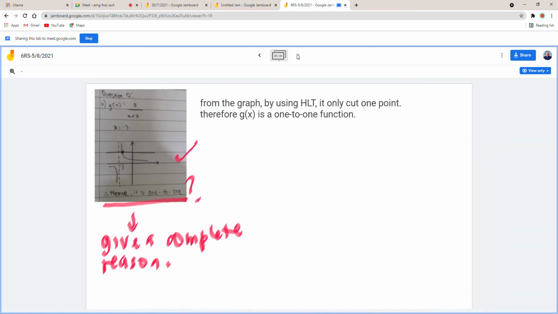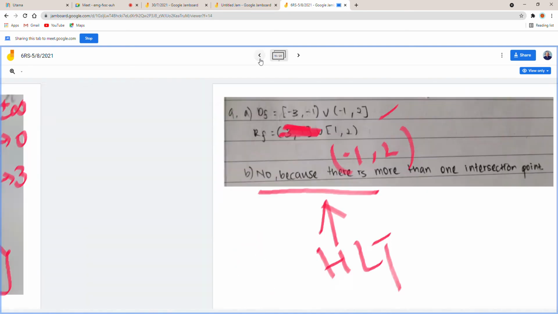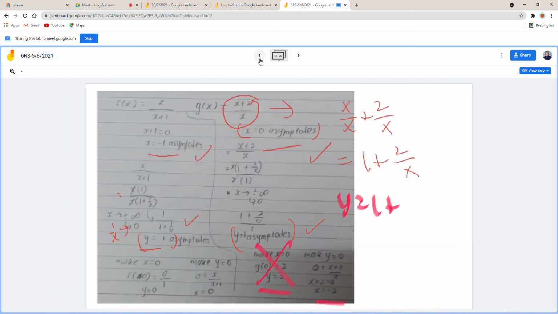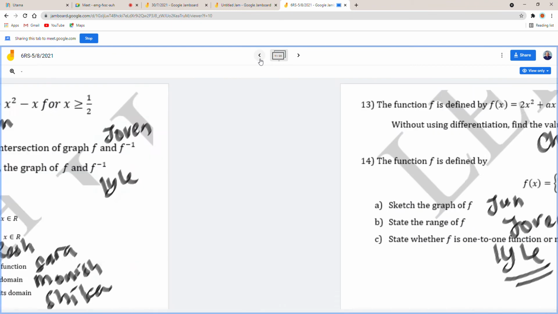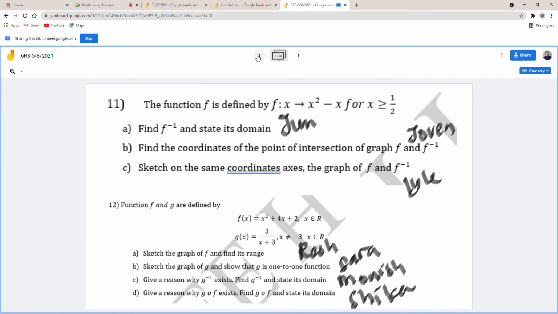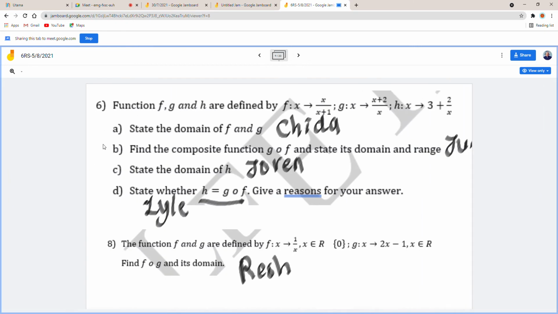Yeah, she didn't draw the graph now. I can't show you, I don't know. There's no other questions that show like that. Wait, which question? 6B.